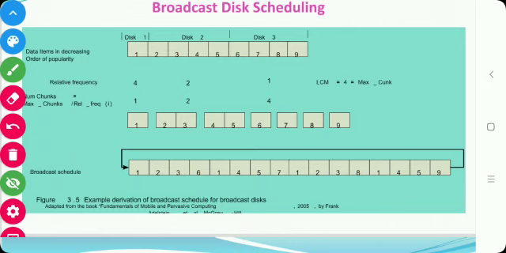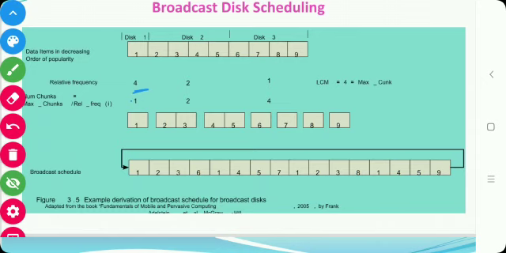Now we have to calculate the number of chunks. Num chunks is the max chunks divided by the relative frequency. Here the LCM of 4, 2 and 1 is 4, so we consider 4 as the max chunk.